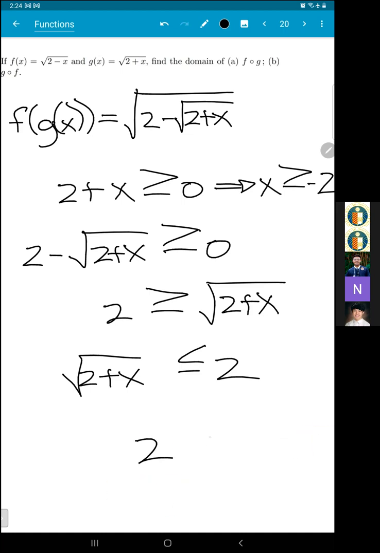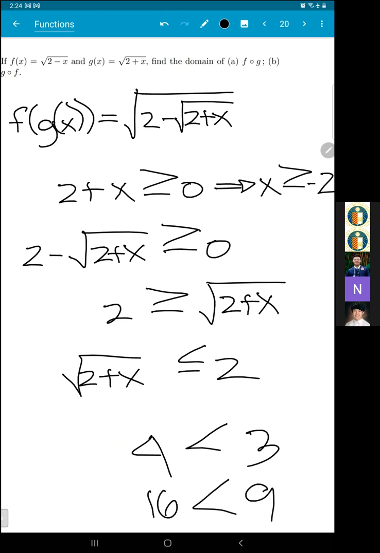Like if you have 4 less than 3, both are positive, therefore you can square both and retain the sense. Okay, but not if one is negative. It will not always be the same in its sense if you square.